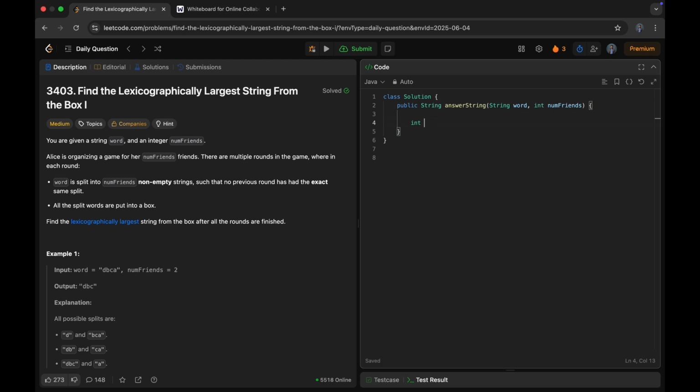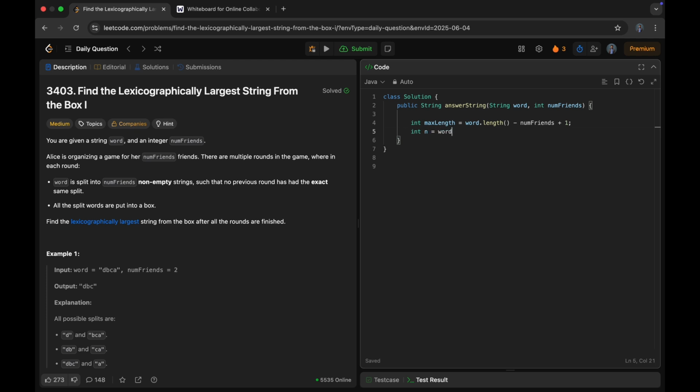Okay, we need an integer max length, which is equal to word.length minus numFriends plus 1, and we need another integer to store the word length.